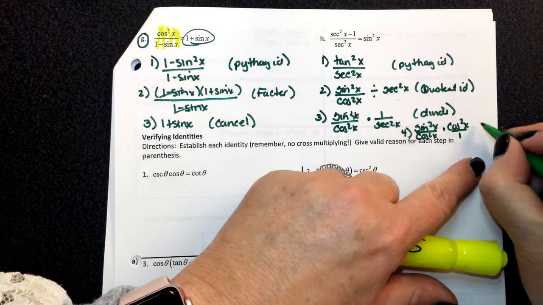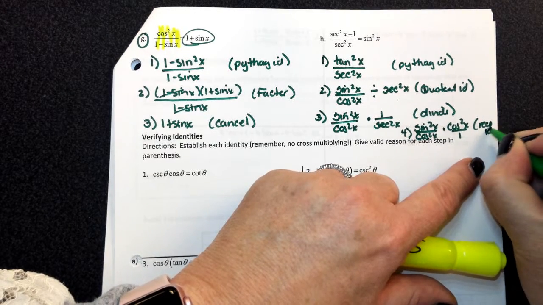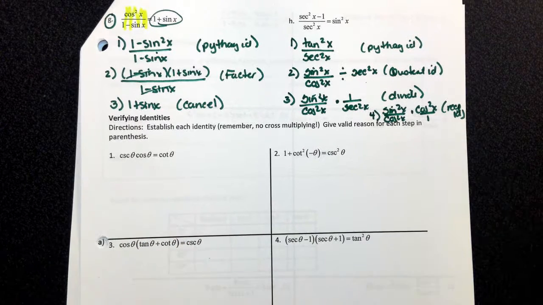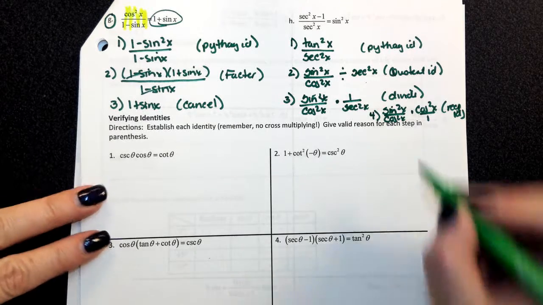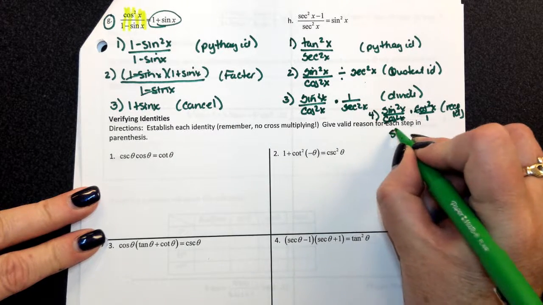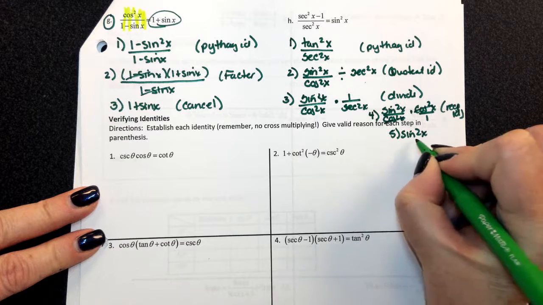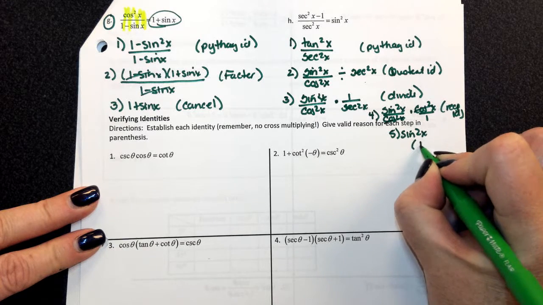Remember, that's a fraction over 1, and that's your reciprocal identities. Now, after you change 1 over secant squared into cosine squared, what happens now when you multiply these fractions together? What can you cross cancel? You can cross cancel the cosine squares, and you're left with sine squared. And here you just simplified.